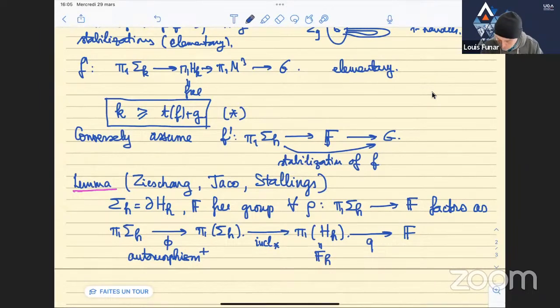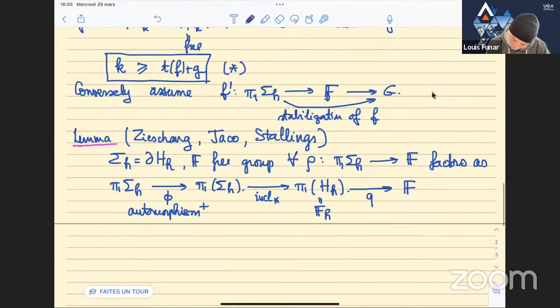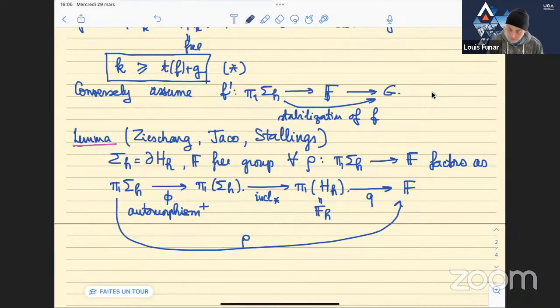So up to modifying our rho by some automorphism, we always go actually onto the pi 1 of the handle body bounded by the surface, namely on the free group on H generators, and from there it goes the way we want into our free group.